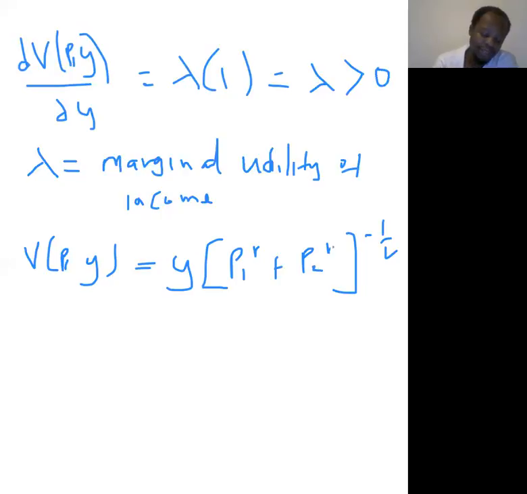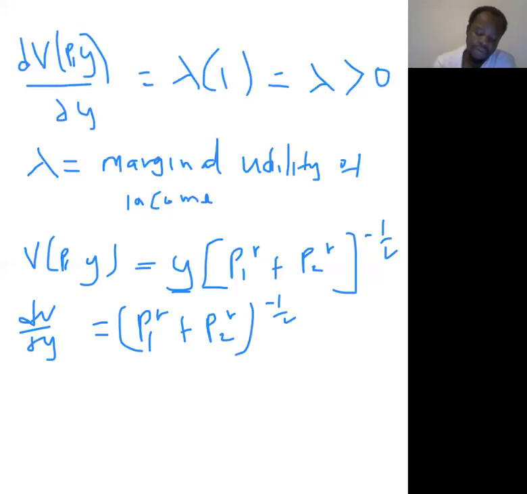Now when I differentiate dV/dy, what am I going to have? The y is only in this one, so it gives me 1. So it comes to (p1^r plus p2^r) to the power of -1/r, which is greater than 0. So this is dV/dy, and it's greater than 0, as we said, it's always increasing in y.